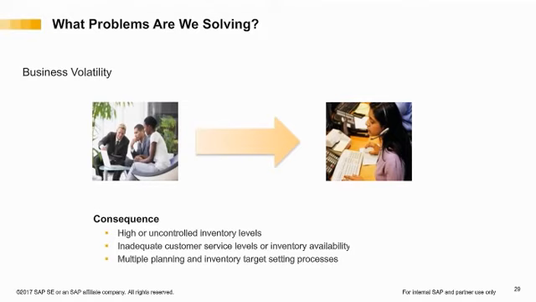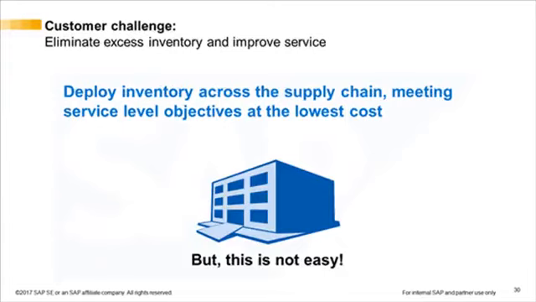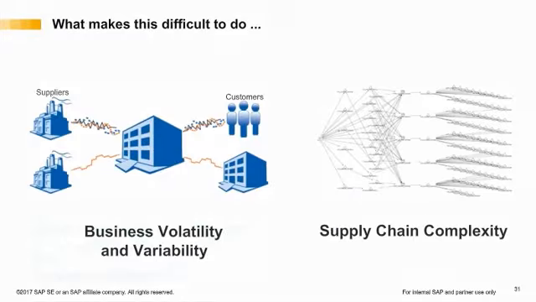Consequences are to end up with high or uncontrolled inventory levels, inadequate customer service levels, inventory availability issues, and multiple planning processes. Customers are especially challenged with eliminating excess inventory, but keeping the optimum ratio between service quality and cost.